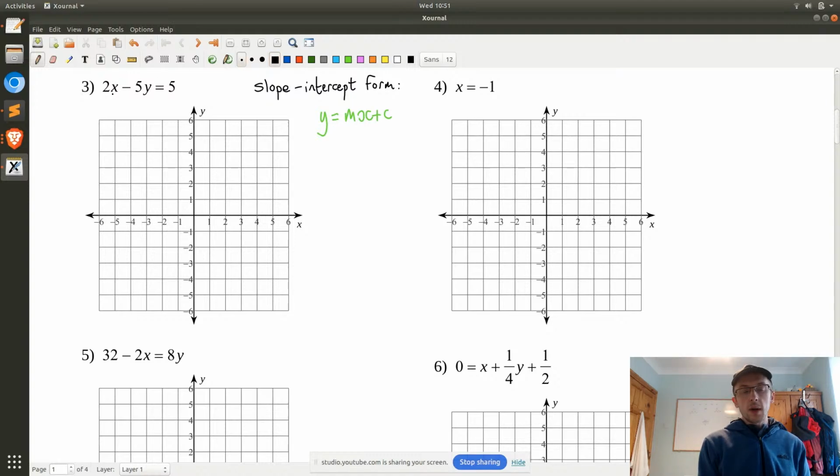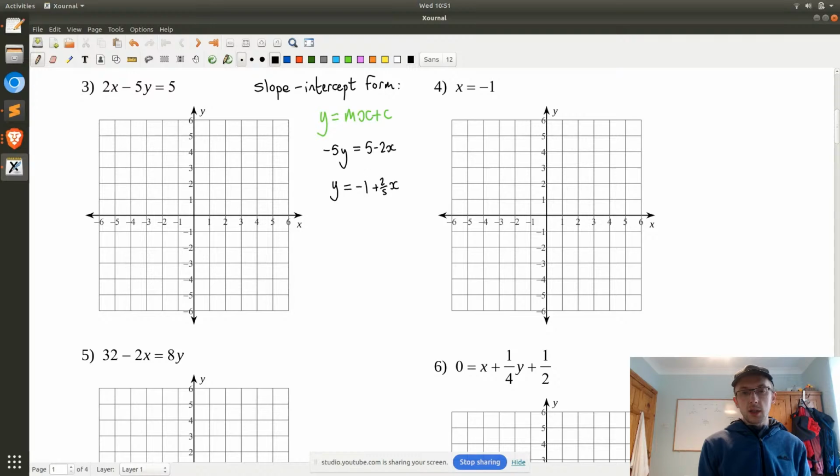Bring this 2x to the other side. So we have negative 5y equals 5 take 2x. Then divide everything by negative 5. So y equals, divide the 5 right there by negative 5, and we get negative 1. And divide that right there by negative 5, and we get 2 over 5x.